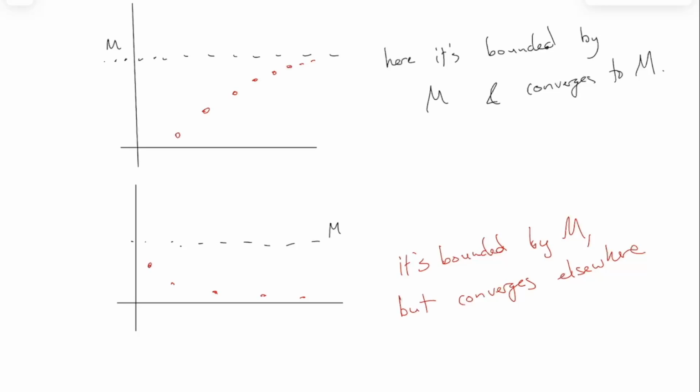It doesn't converge to M, it converges to something else. Does it even need to converge at all? I think it doesn't. You could do one of these alternating things. As long as it's under the line, it's still bounded, but that doesn't mean anything about whether it converges or not.